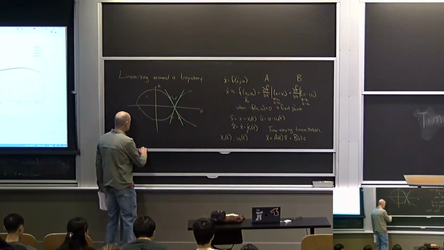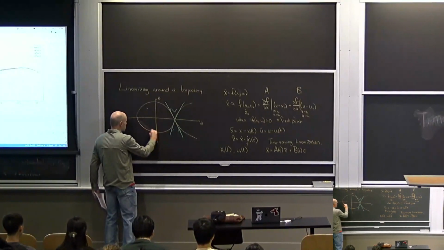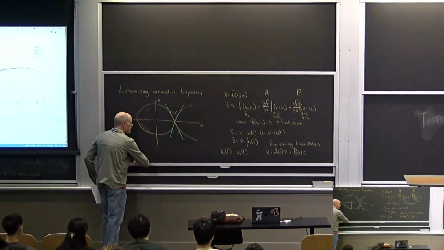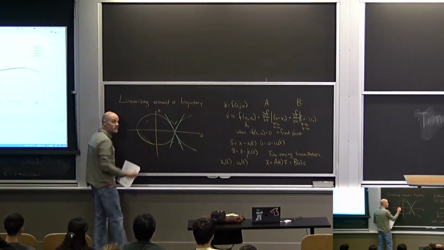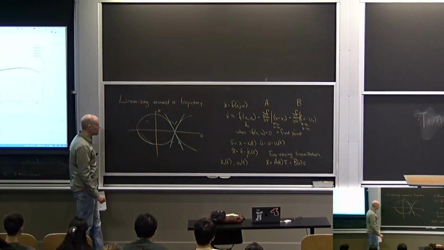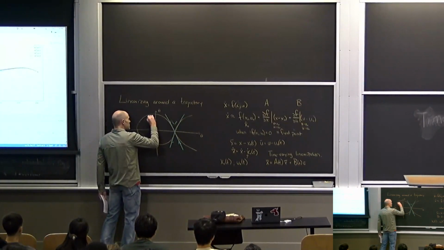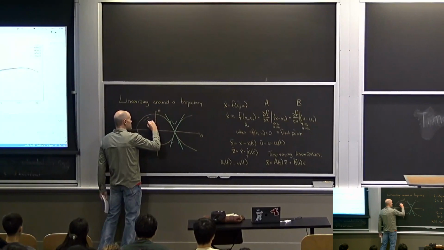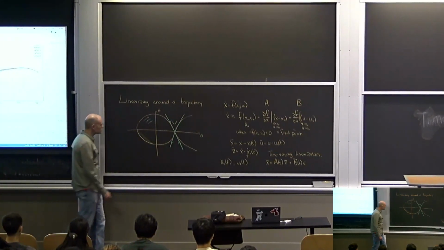What does it mean on my picture? I've got a very unpleasant thing there, okay? So when I ask the question, what happens if you linearize around here, if you just look at the A and B matrices, then what you'll see is a beautiful local approximation of the dynamics, right? It does the right thing.